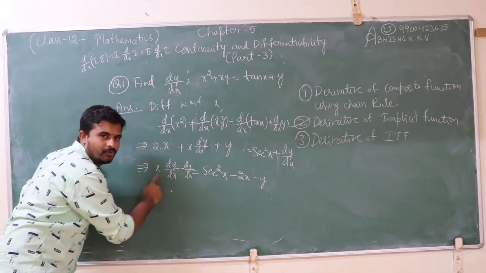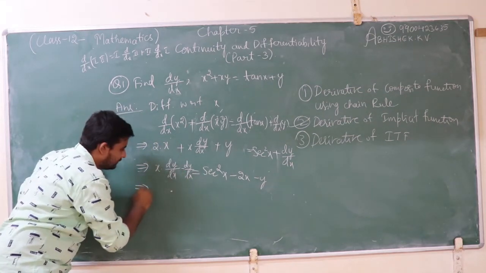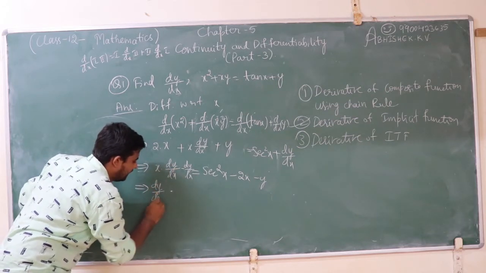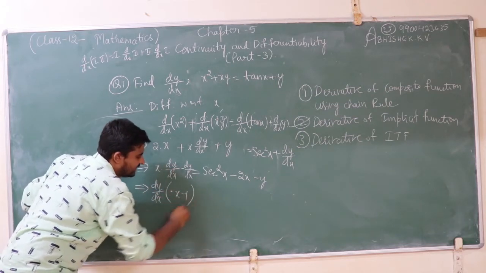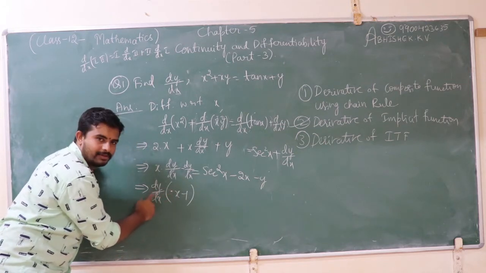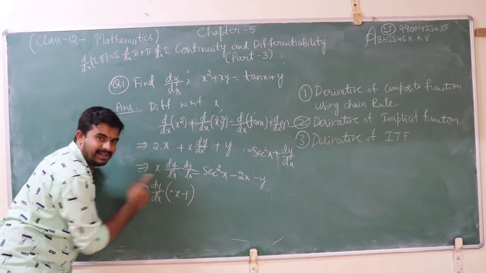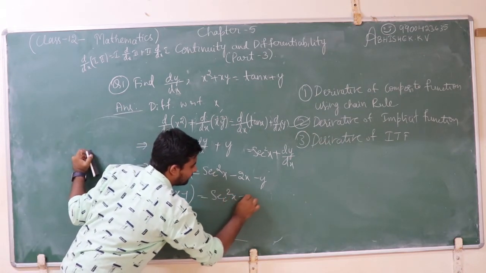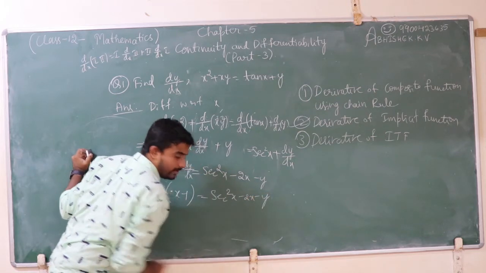From these two, what do we have common? Take dy by dx common. Here we are with x minus 1. Then this becomes the product of dy by dx and x minus 1. So this is equal to secant square x minus 2x minus y.